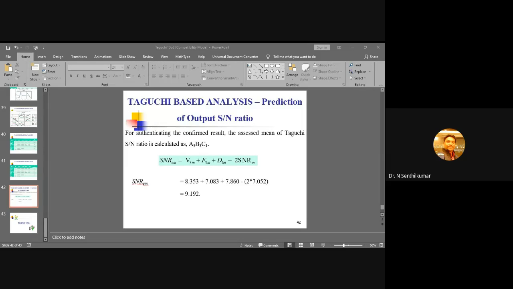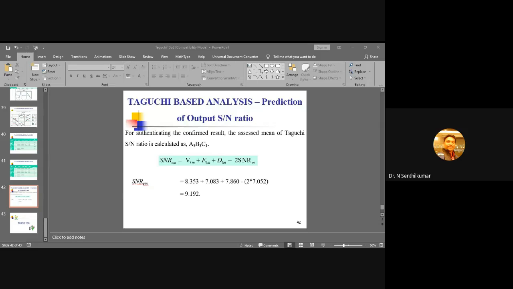Any other questions, Professor? Which method gives more accuracy, whether Taguchi, RSM, ANN, or fuzzy logic? Whatever it is, it all depends on the problem, sir. For the same problem, if I use Taguchi, gray relation analysis, or TOPSIS, different methods will provide different results.